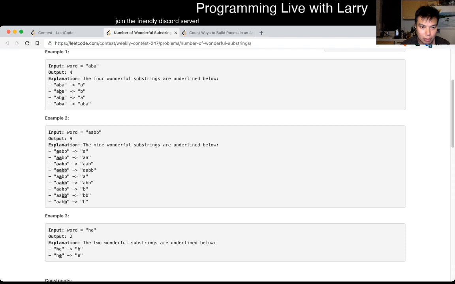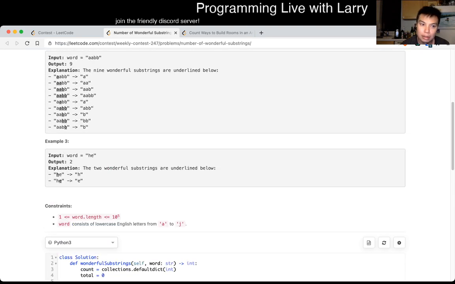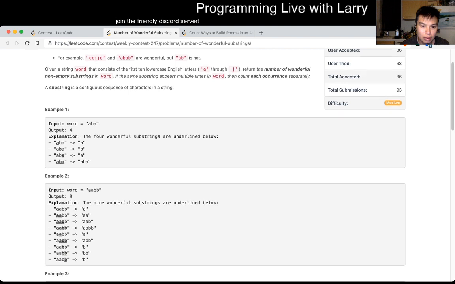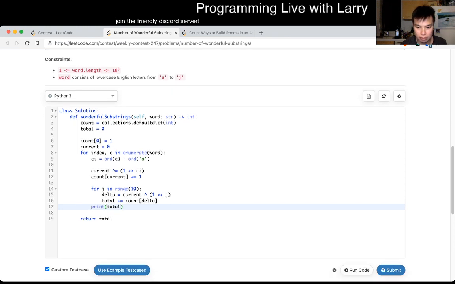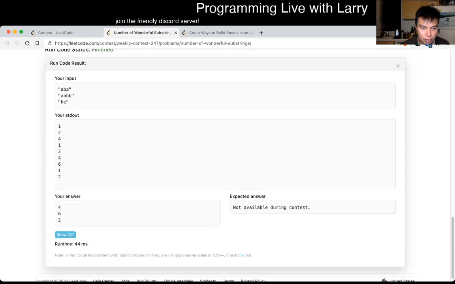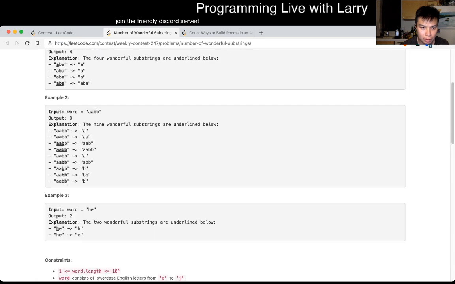A, this gives me 1. That's right. This gives me 1. No, that's not right, is it? Gives me 1, and then this gives me 2. Is that right?